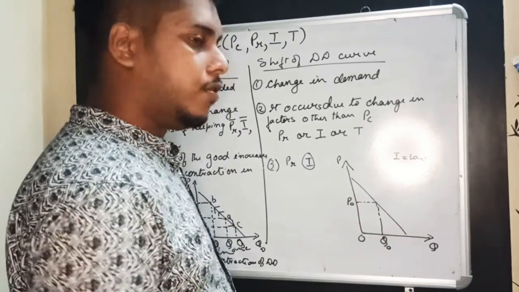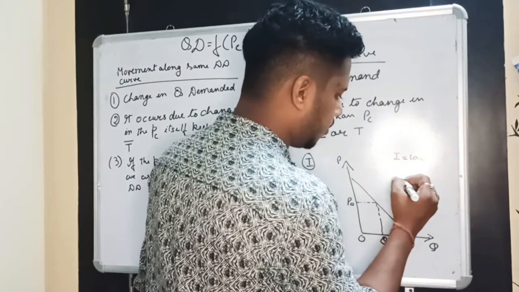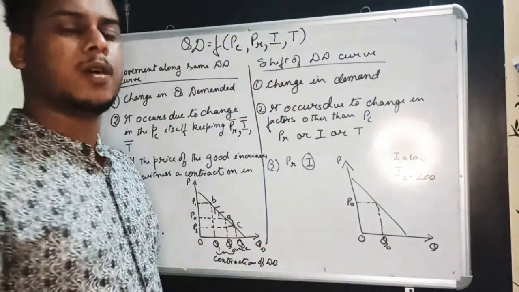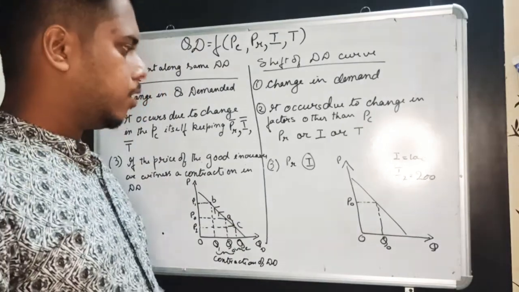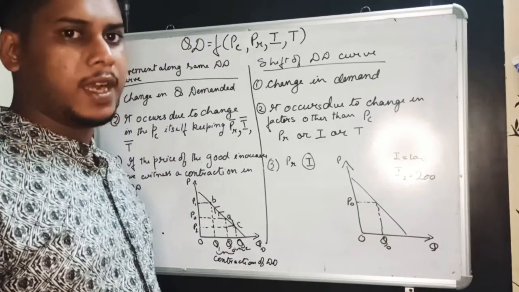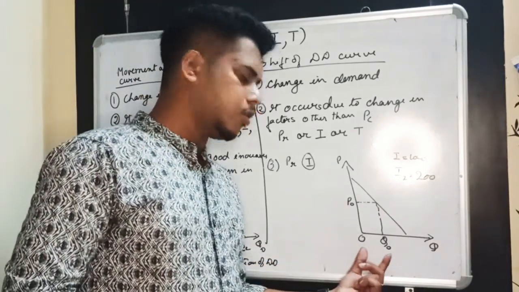Now if his income level increases to 200, that means his purchasing power has increased. Initially the 100 level of income had a lower purchasing power, and so he was only able to buy OQ0 amount.